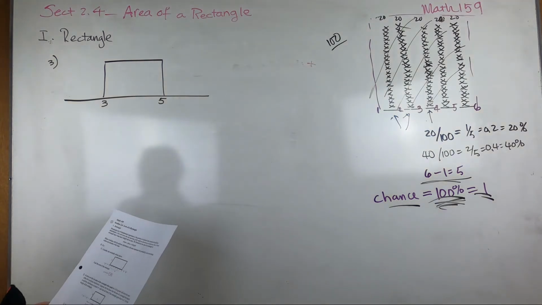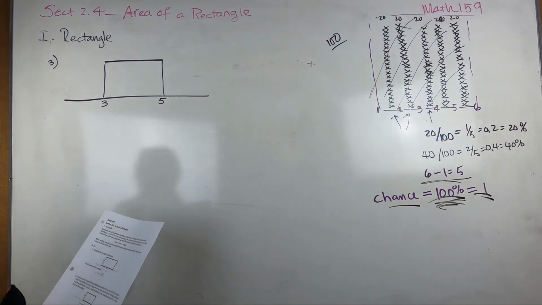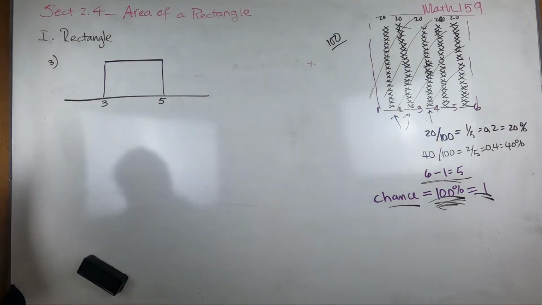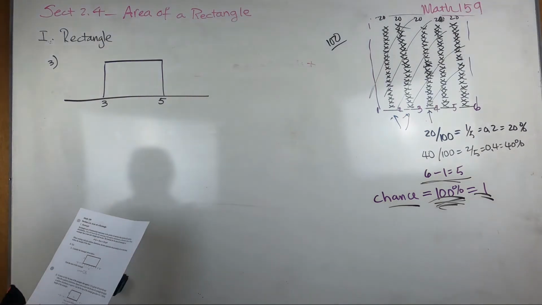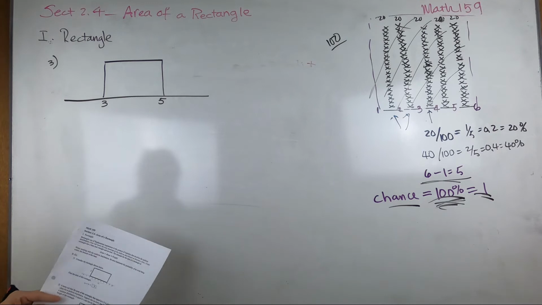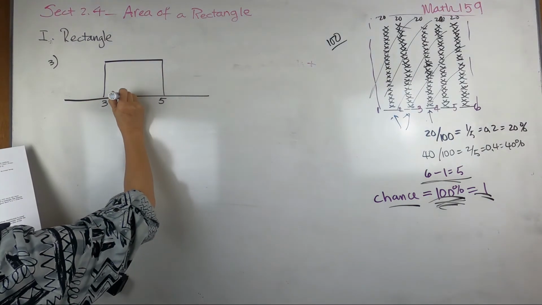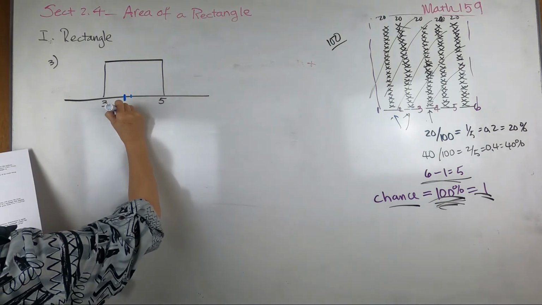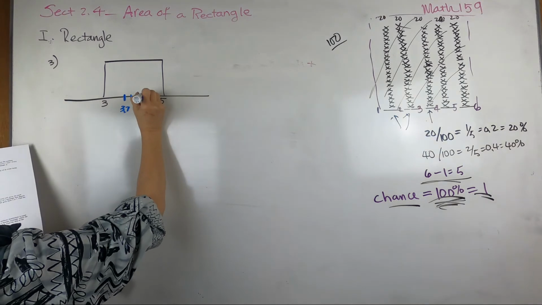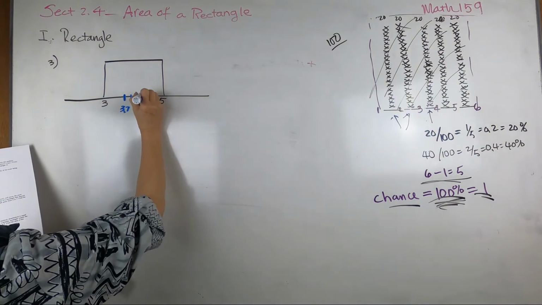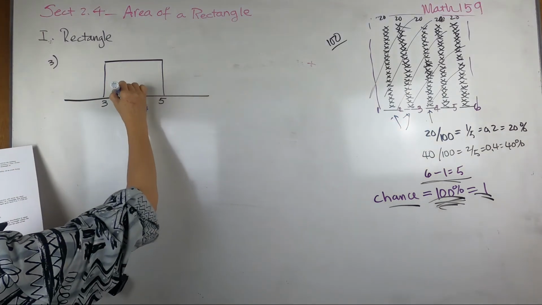Okay? Then there is a smaller rectangle within the larger one with the same height, right? Uniform distribution, they all have the same height. But whose base goes from 3.7 to 4.4, something like this, okay?